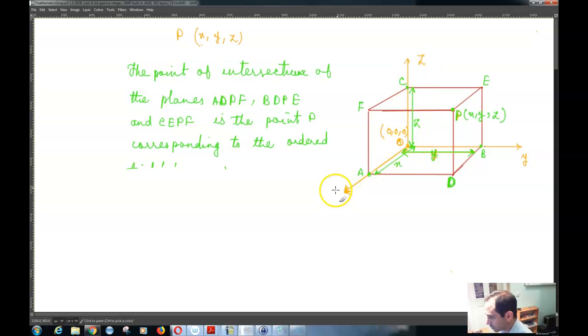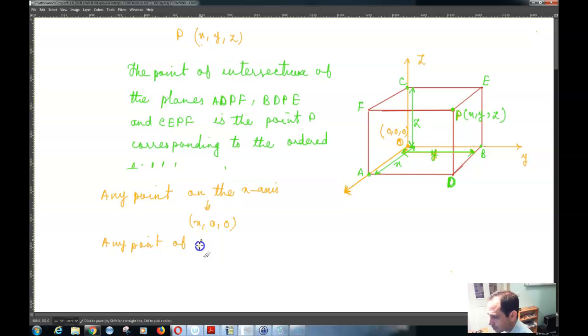Your point is just along the x-axis. So that means that any point on the x-axis will have coordinates x, 0, 0.